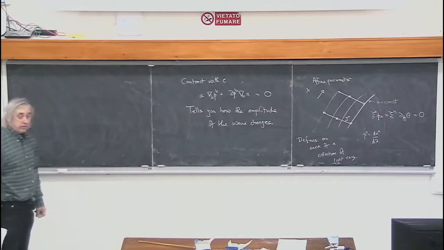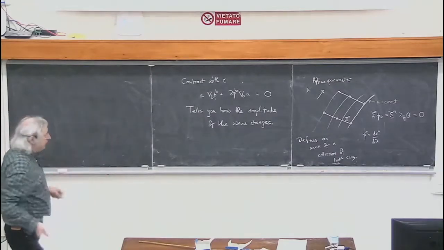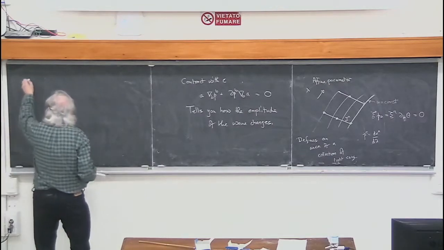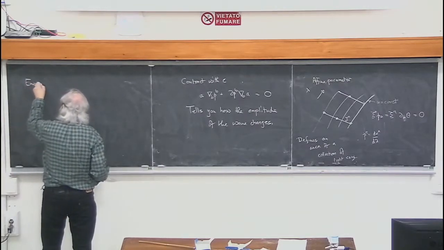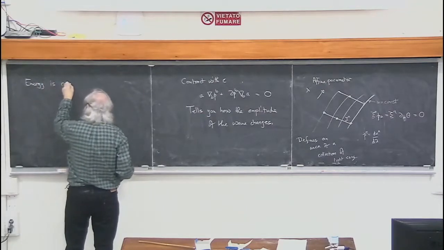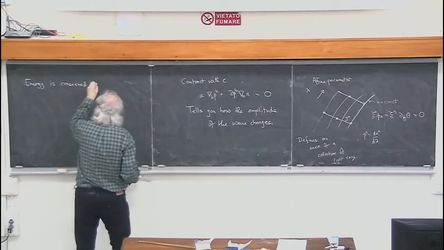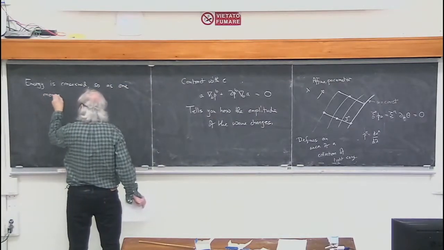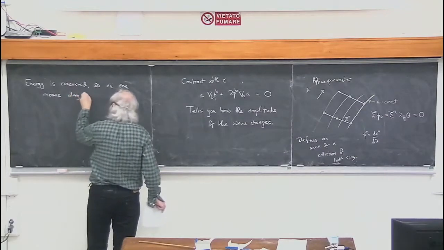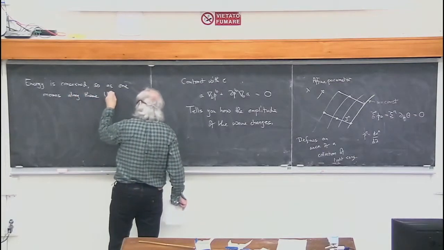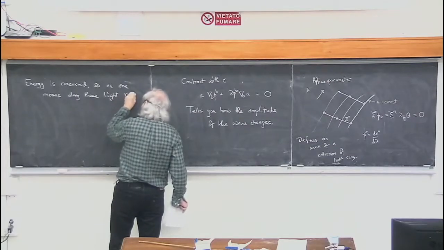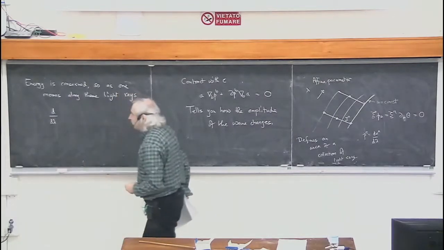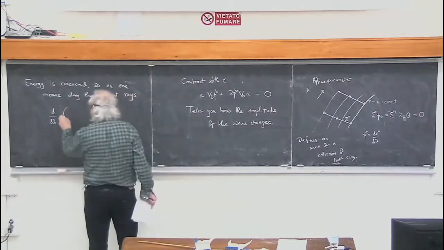The one thing I know is that as you move up this collection of light rays, energy is conserved. Moving along the light rays means taking d by d lambda.